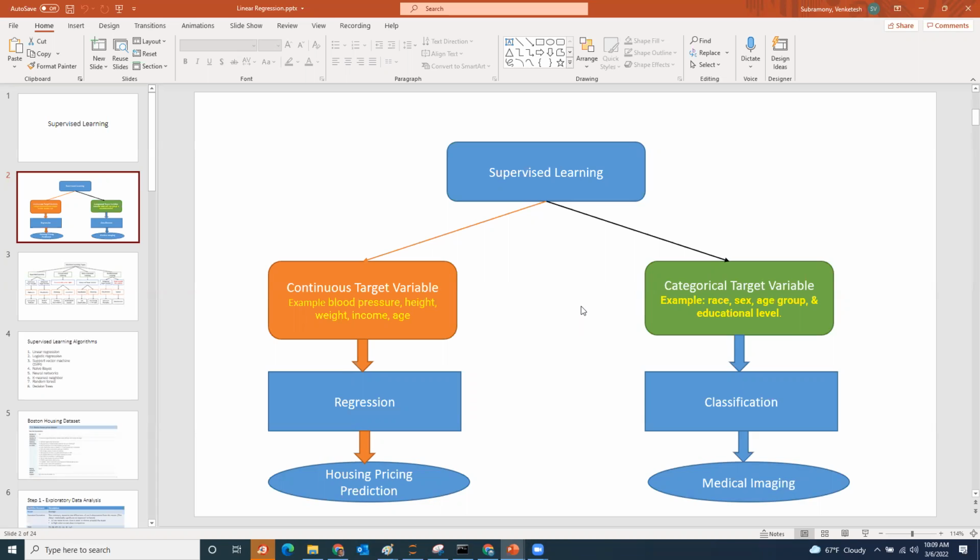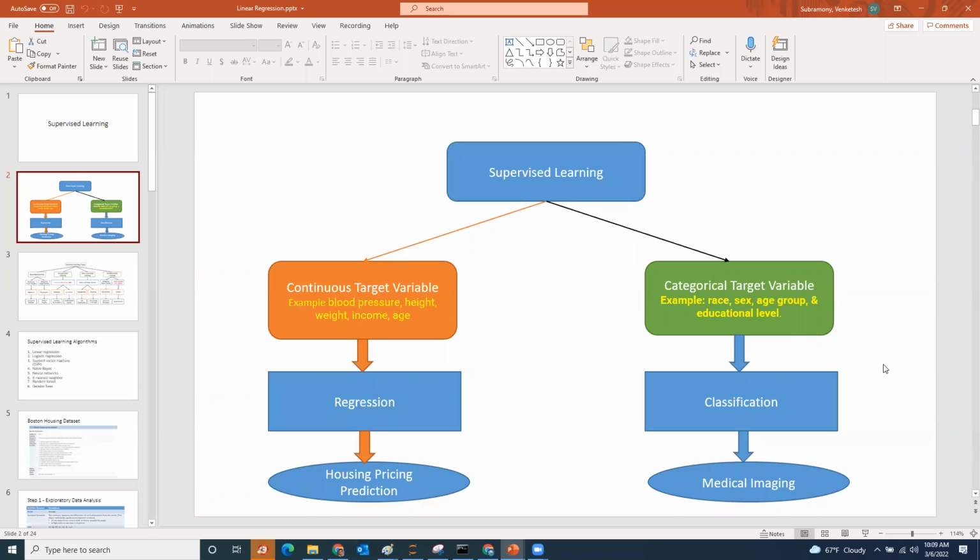The other example is housing price prediction, based on certain information we get, we want to predict the price. Those are continuous target variables, because the target is a value we are predicting, and that value can go from 1 to 300 million. It is not a fixed set of values, it can be any number. That is a continuous target variable.